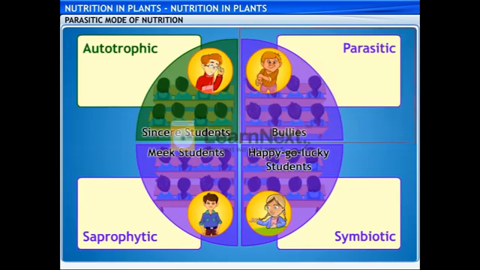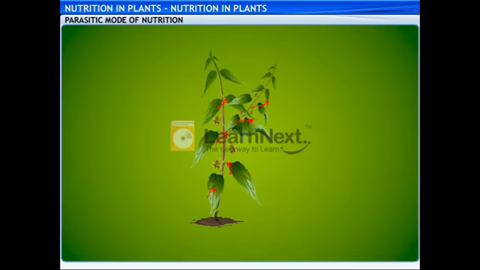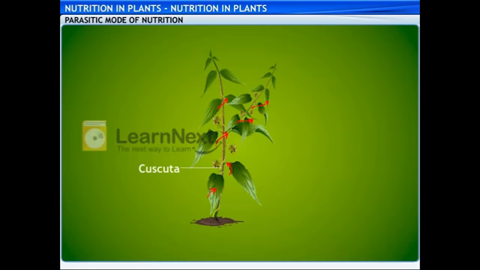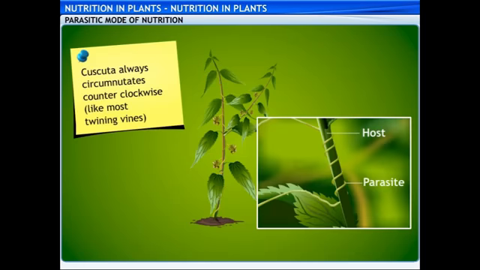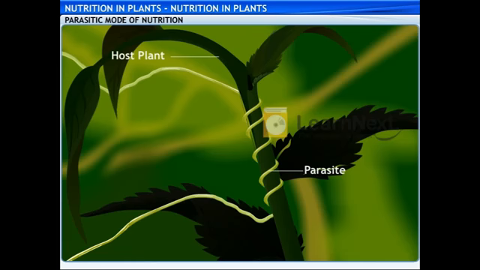Like bullies snatching homework from other kids, some plants, like the cuscuta, snatch food from other plants by climbing on them. The plants on which they climb are called hosts. Since they deprive the host plant of valuable nutrients, the plant itself is called parasitic. In doing so, they often harm the host plant.